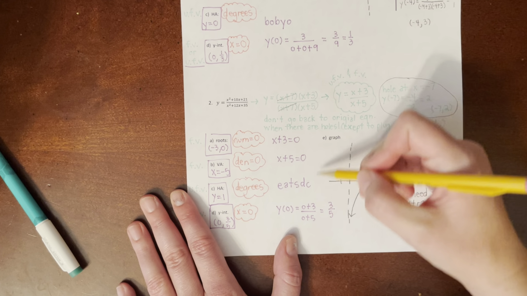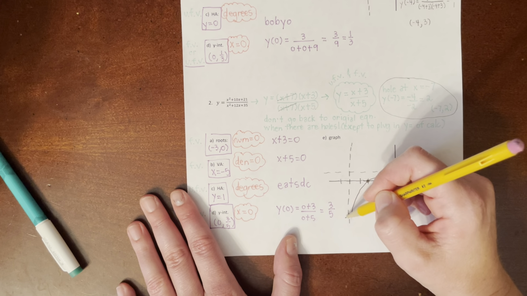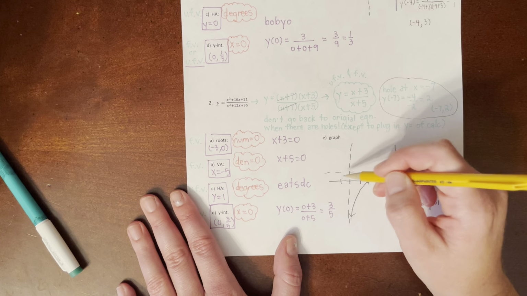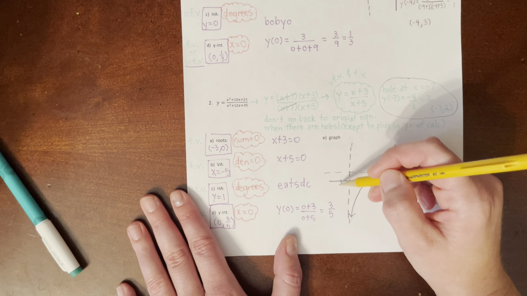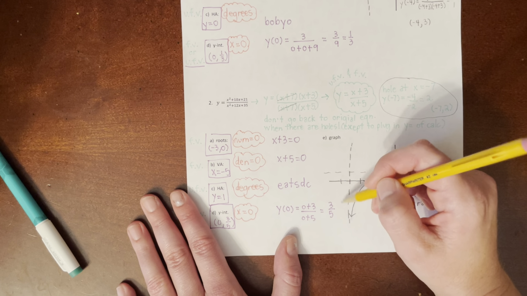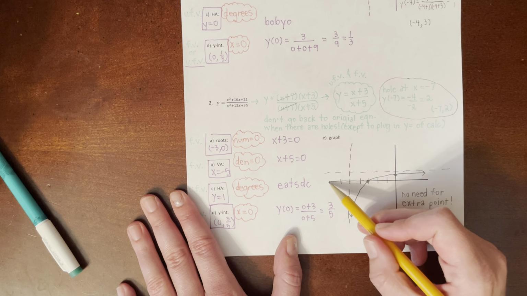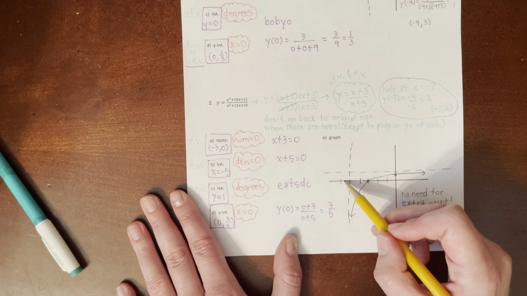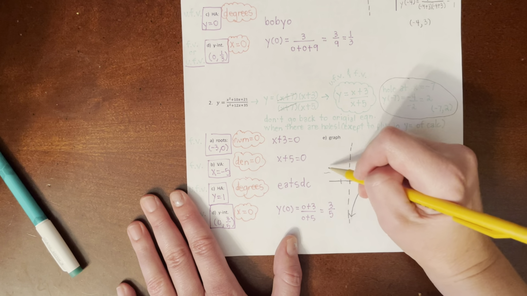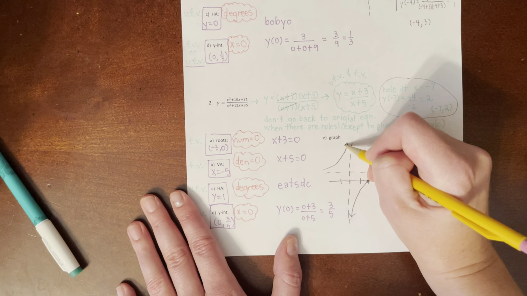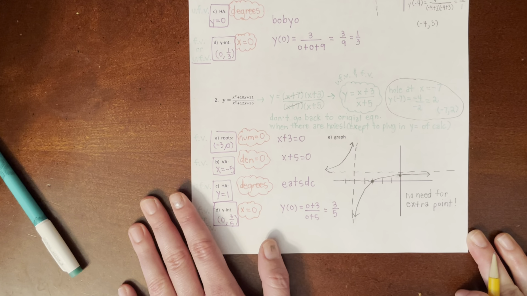If this piece to the left of the VA was below the HA, the horizontal asymptote, we would have to cross through the x-axis at some point. There's no possible way to have a curve down here unless it were to pass through the x-axis. And do we have any more roots? No, we don't. So the curve must go up here. We don't need an extra point to know that. Must go up, not down.